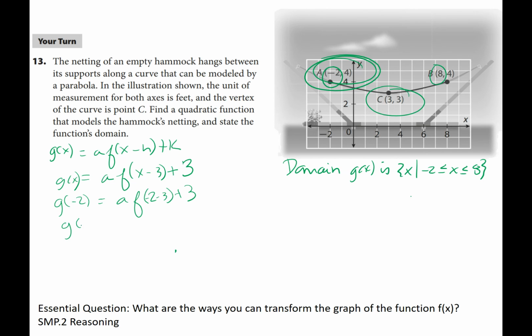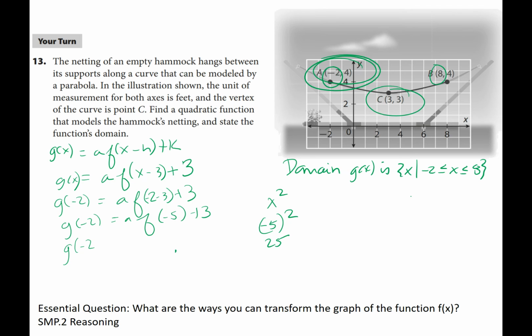If I did some simplification there, I'm really looking for f of negative 5 plus 3. Remember, your f function is x squared, so I need to apply the x squared function to the negative 5. So negative 5 squared is 25.